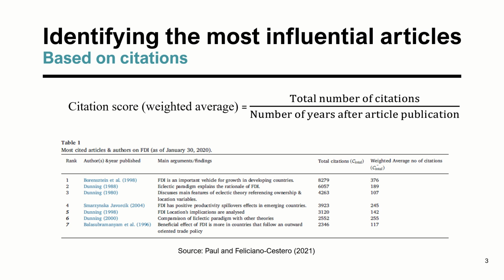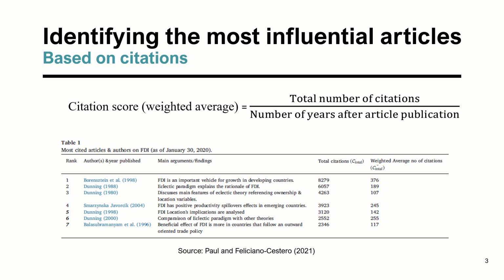There is also something called a citation score, and here is the formula for it in terms of identifying the most influential articles. That's where this will really come in handy. A citation score is a simple division of the total number of citations by the number of years after the article publication.